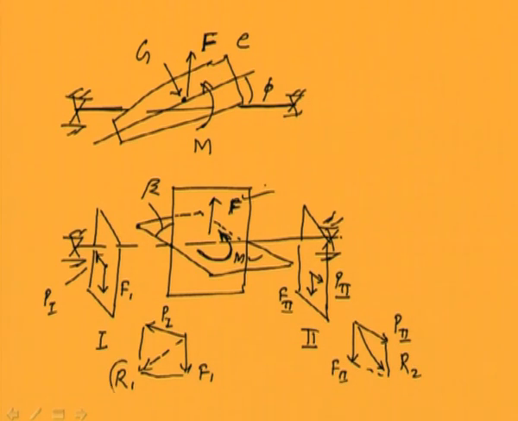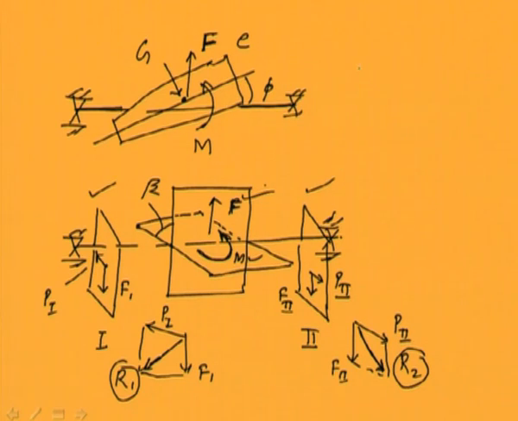So R1 and R2 are now the correction masses. You can see their directions are different now, even the magnitudes will be different, but they will be balancing both the force and the moment. So this is the basic principle of dynamic balancing using two planes, plane 1 and plane 2.